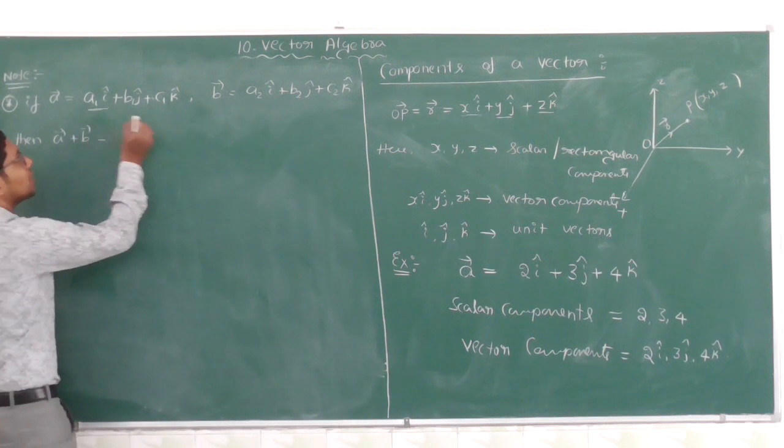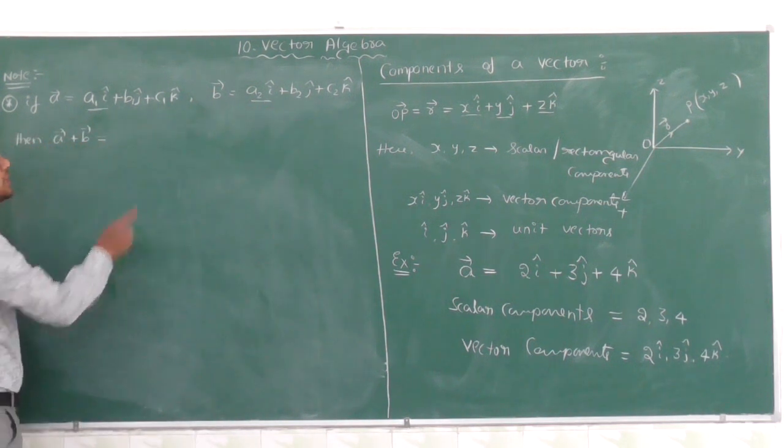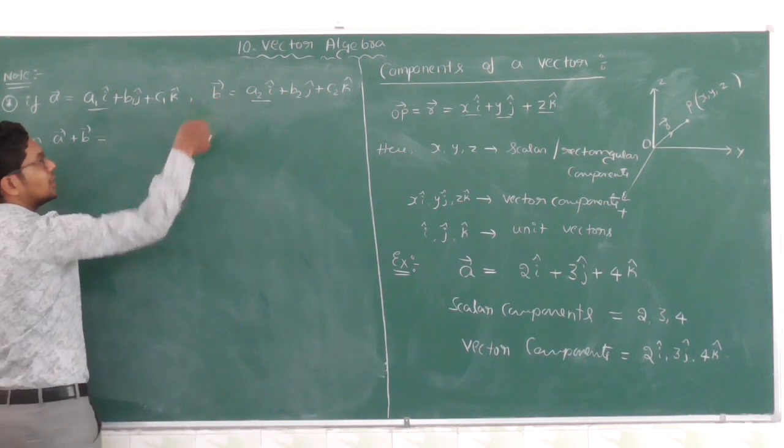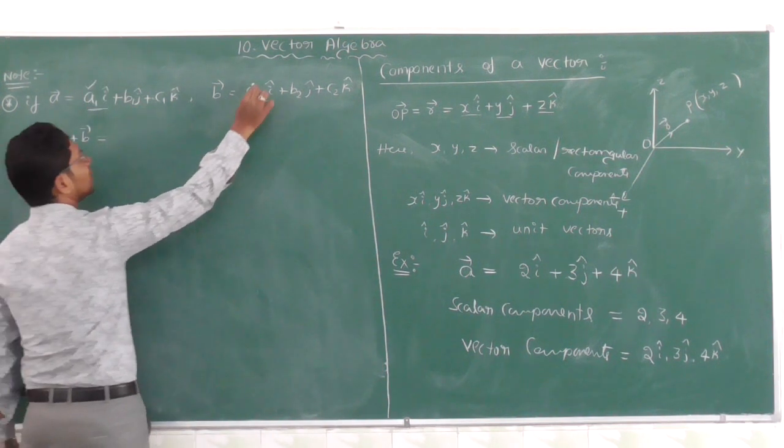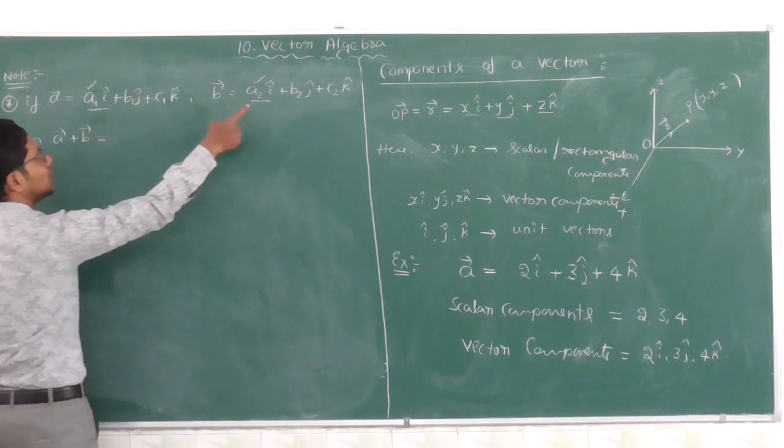Then A vector plus B vector, that means the sum of the vectors A plus B: add the i components, next the j components, and next the k components. Here we have A1, A2.